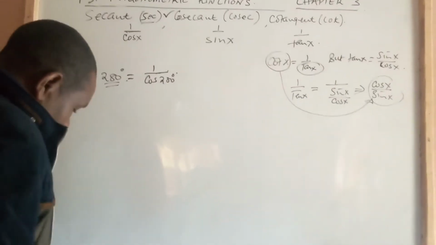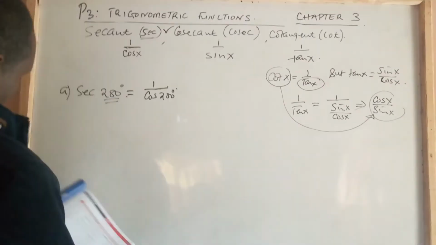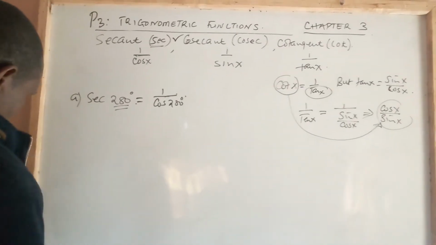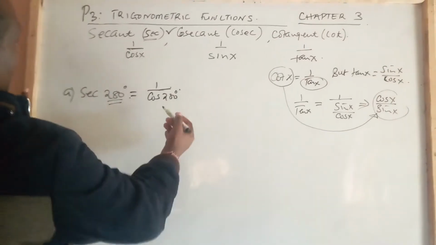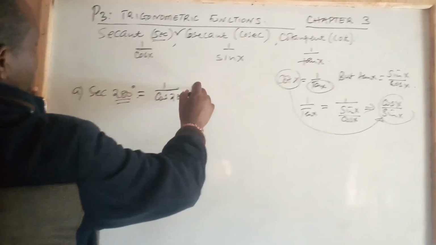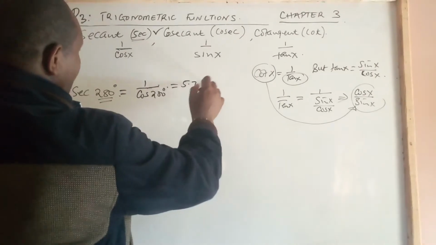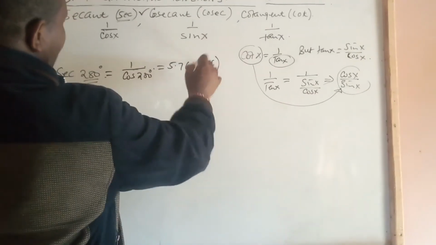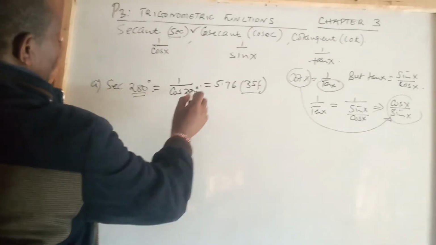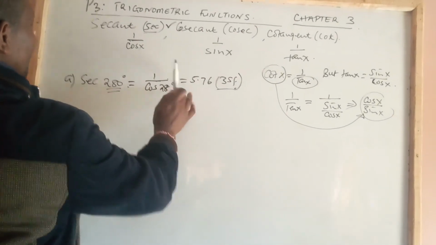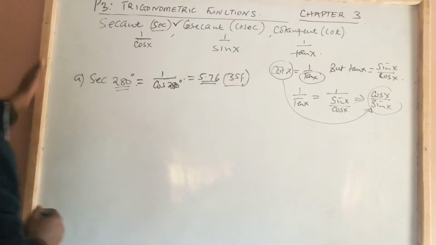Using the calculator, 1 over the cosine of 280 degrees is simply 5.76, to 3 significant figures. You evaluate the cosine of 280 degrees using the calculator, and 1 over that is 5.76 to 3 significant figures.